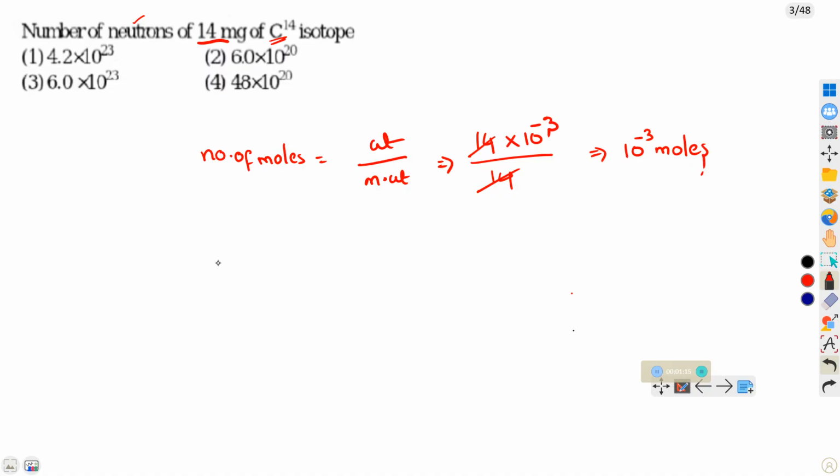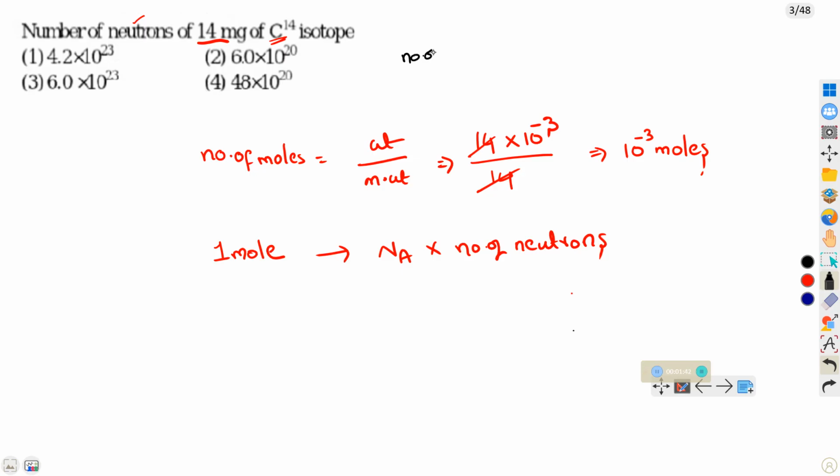We know that 1 mole of substance contains Avogadro number into number of neutrons. So how many neutrons are present in carbon-14 isotope?